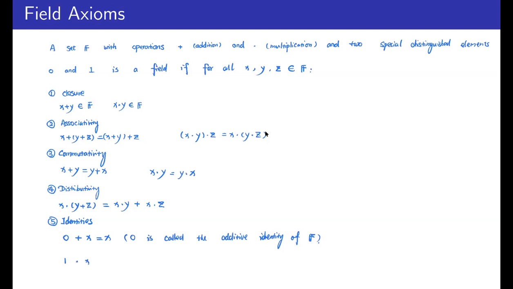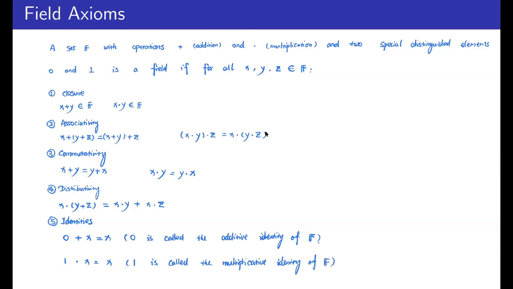So 1 times x equals x. And our 1 is called the multiplicative identity of F.